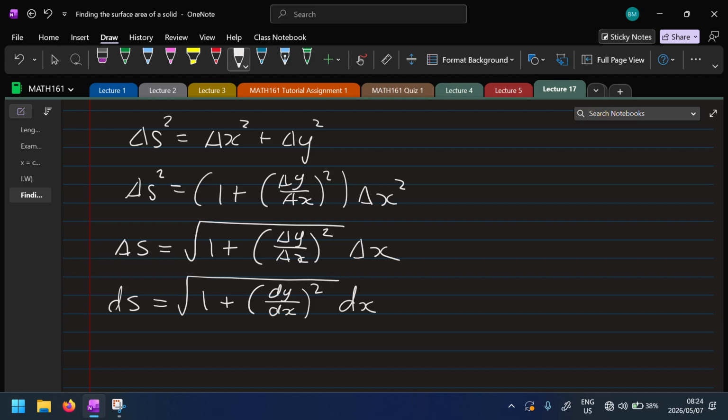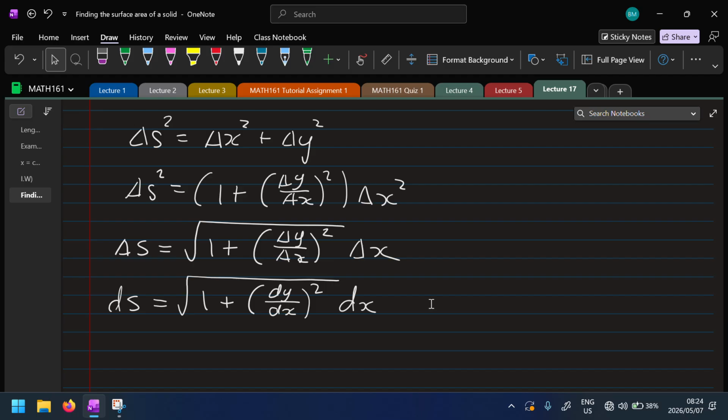So we end up with that for our ds. Is that clear for everyone? Okay, so same sort of steps as before, but instead of x and y being functions of time, now y is just a function of x. That's the only change we're doing here.